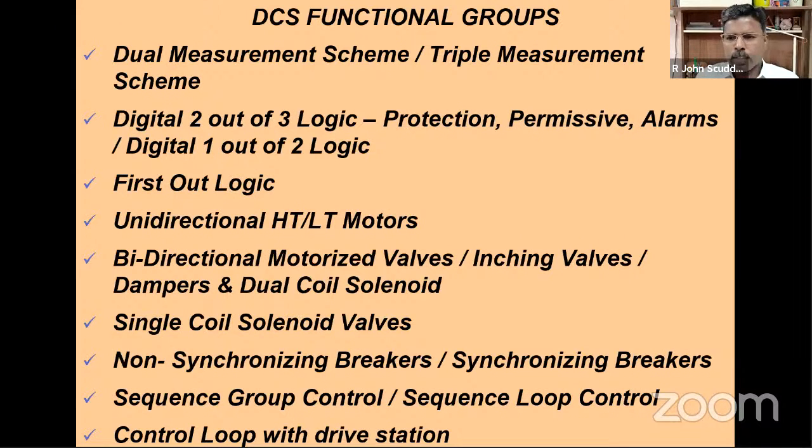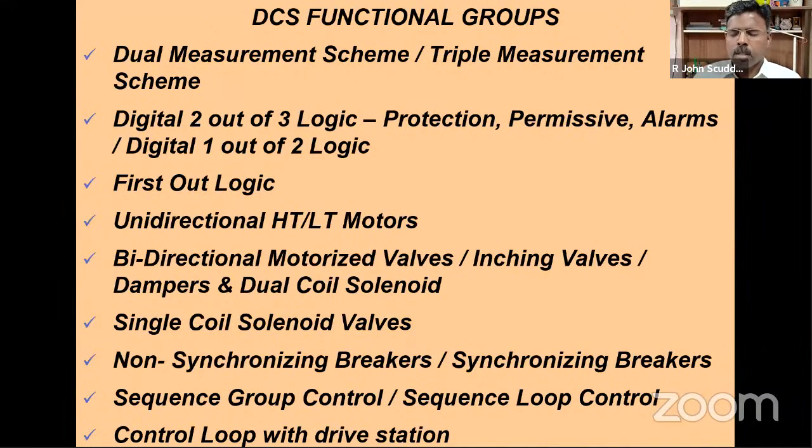If the parameter is very critical and that will trip a turbine or a boiler, it needs veracity, it has to be accurate. So the probability of one transmitter or one equipment or one field device failing may be there.